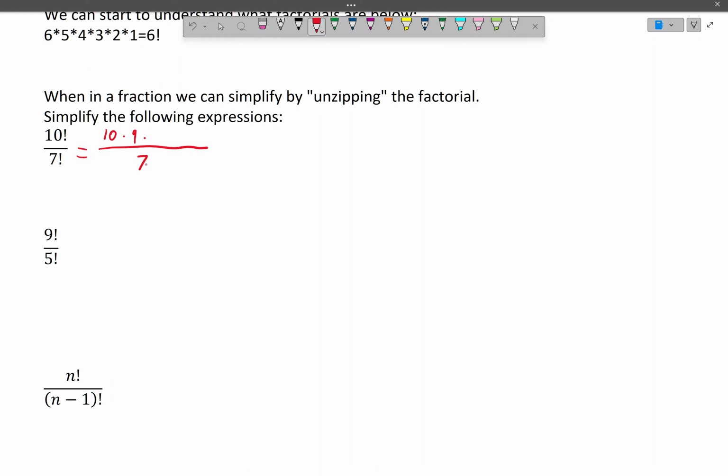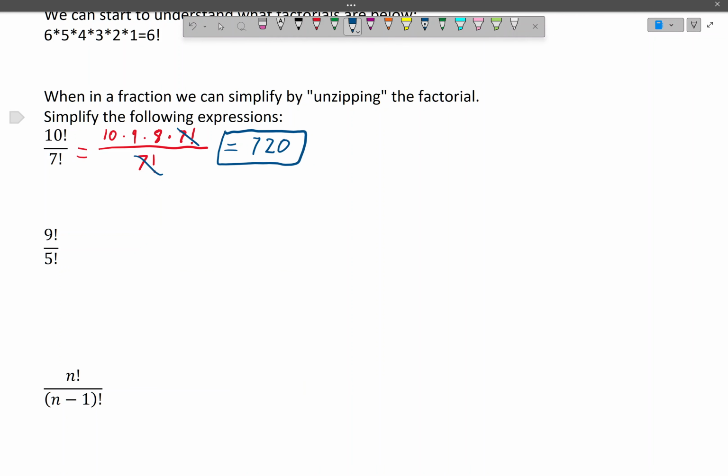We leave the smaller factorial there, and then we unzip, meaning we take apart the bigger factorial until we get to the point where both factorials are the same. Now we can cancel those two, and we're left with 10 times 9 times 8, which is 72 times 10, or 720. So much easier because we're able to unzip the factorial.